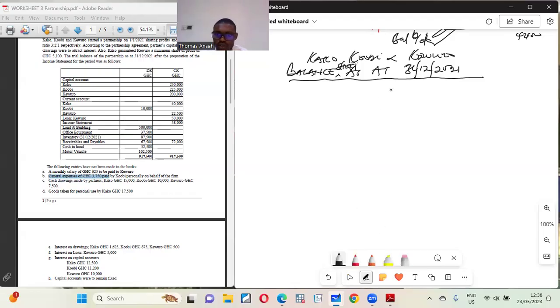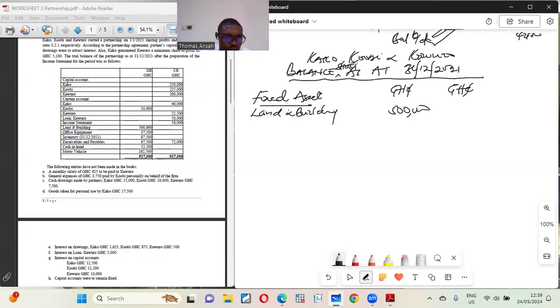Okay, so now I put in my signs. So fixed assets, we have so many fixed assets, but there's no accumulated depreciation. So what do we do? A fixed asset, we have land and building, which gives me 500,000, right? Then what else?